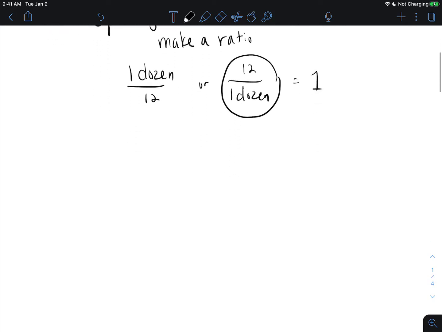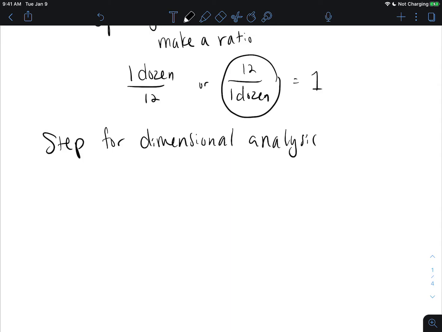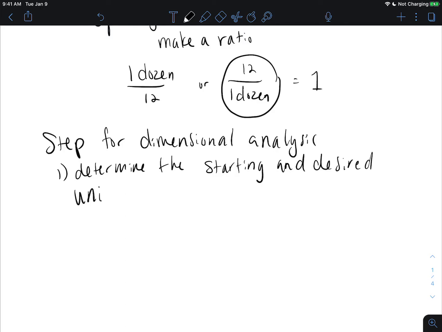So with our steps for unit conversion or dimensional analysis, we're going to look at simple first. We're going to determine the starting and desired units. That's our first step. You always want to go ahead and determine what your starting units are and what your desired units are.